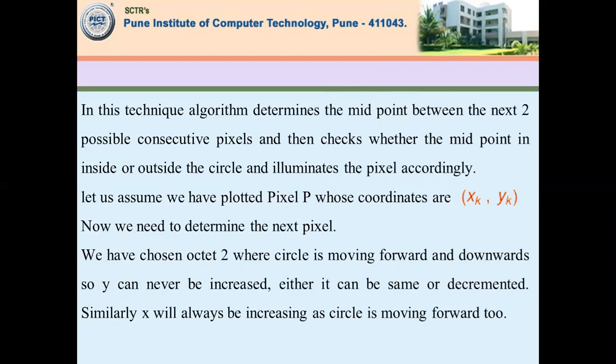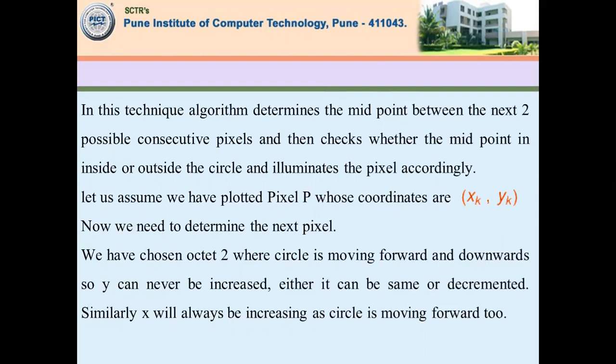Let's assume we have plotted a pixel P. Again we are assuming, from one point we need to start the drawing. So that is again the xk, yk point we considered. Hence the task is to determine the next pixel. Again we have chosen octant 2 only, where the circle is moving forward and downward.